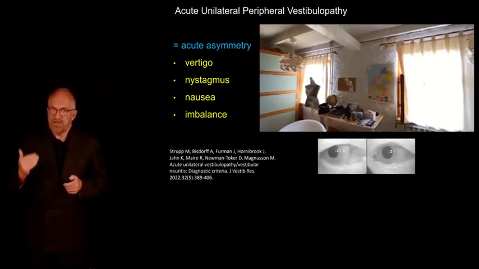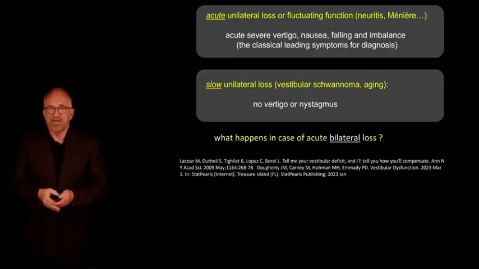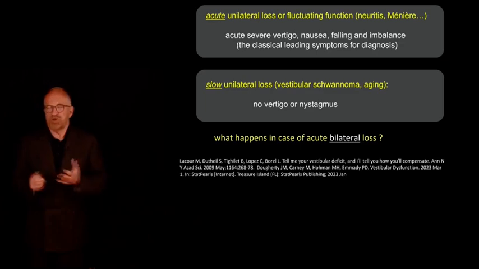There's vertigo, nystagmus and nausea and imbalance. The good thing is that central compensation takes care of that. This acute unilateral loss or fluctuating function, neuritis, Meniere, is associated with vertigo, nausea and falling and imbalance, the classical leading symptoms for the diagnosis.